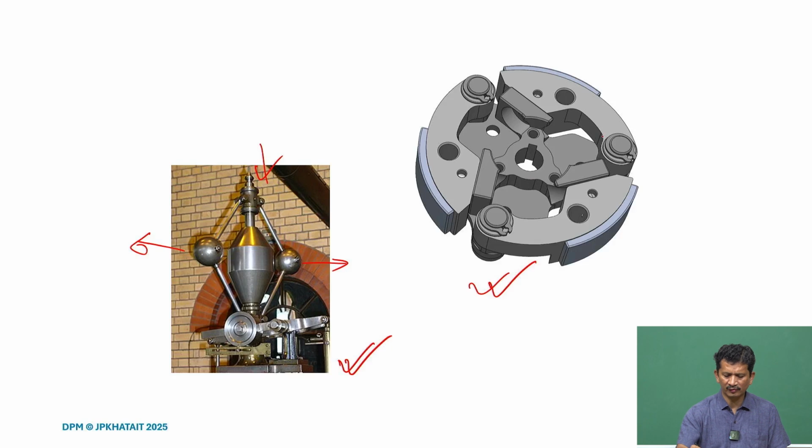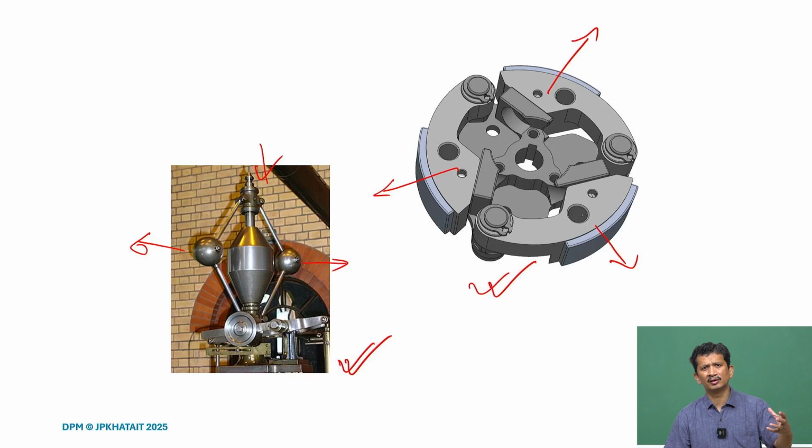As it spins, all these things will just spread because of the centrifugal force and come in contact with the outer drum and provide the braking action, so that the speed can be reduced, and as the speed reduces, it is loaded with the spring, so it comes back.